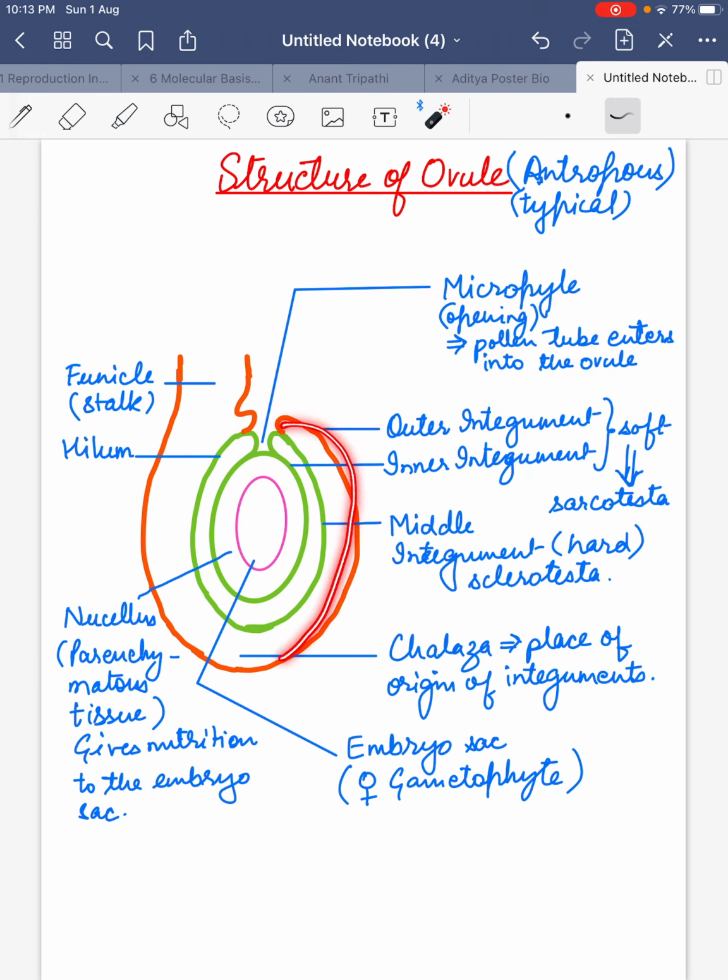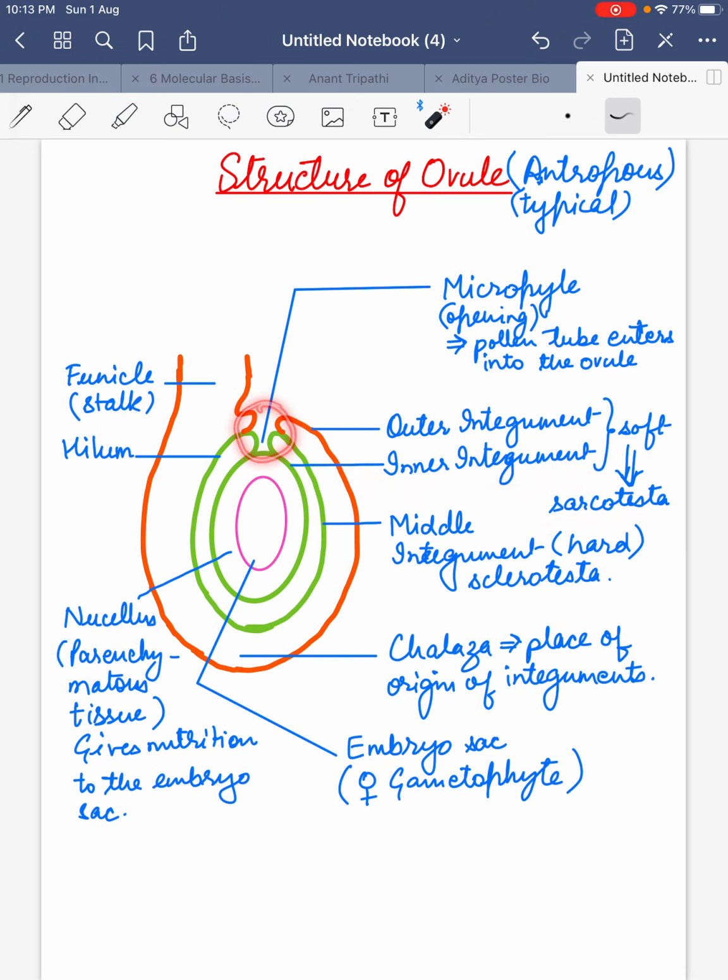The outermost layer is called the outer integument, which is made up of soft tissue, that is sarcotesta, and inner to it is the middle integument, which is different from the outer integument and hard in nature, made up of sclerotesta. Now, the internal integument, which is the inner one, is also soft.